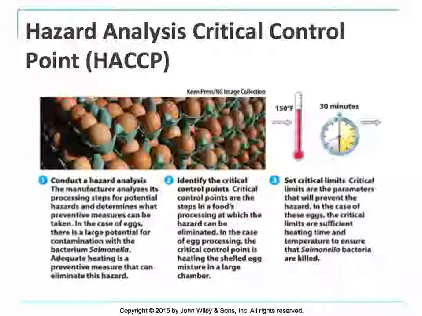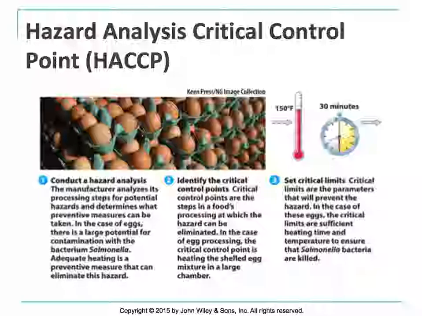So this is an example. In this case, we have eggs. So first, a facility would conduct a hazard analysis and say, okay, we have these eggs for X number of days. While they're here, while they're under our roof, where are some places that things could go wrong?